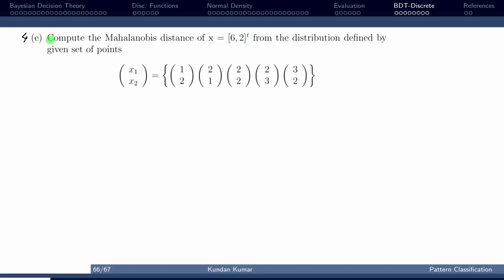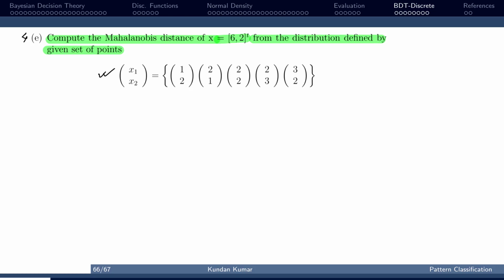We need to compute the Mahalanobis distance of x, which is given by a two-dimensional point (6, 2), from the distribution defined by the set of points given by this set.